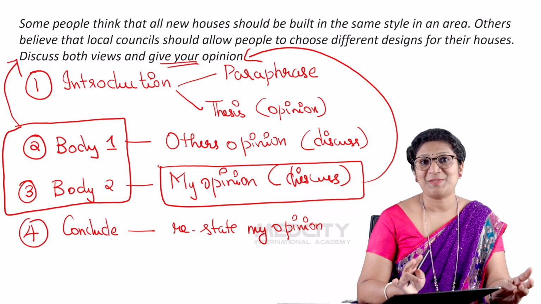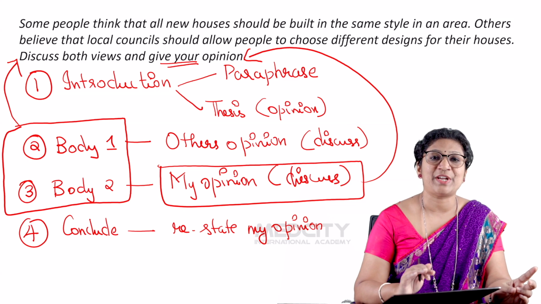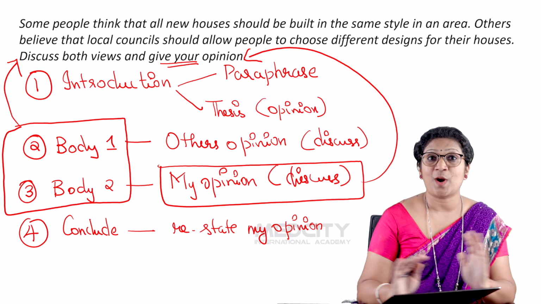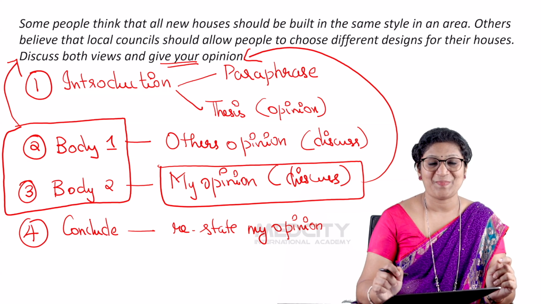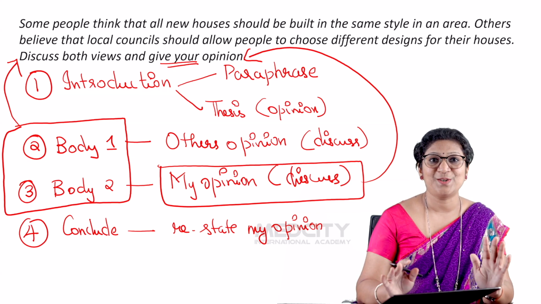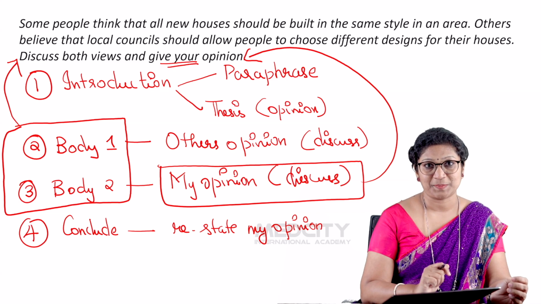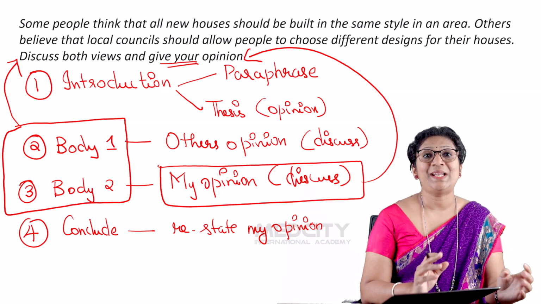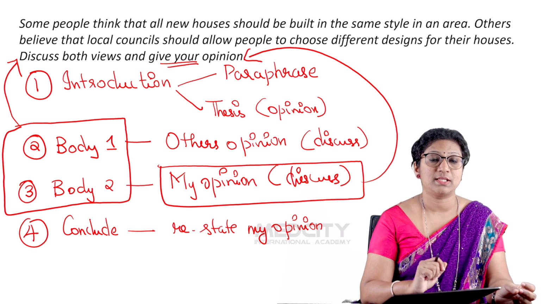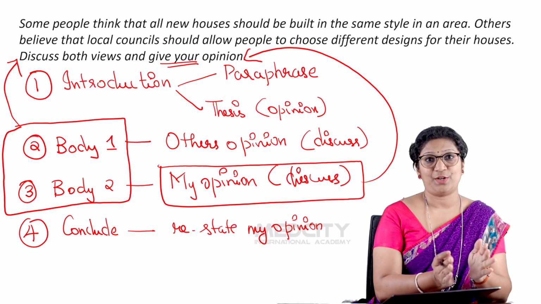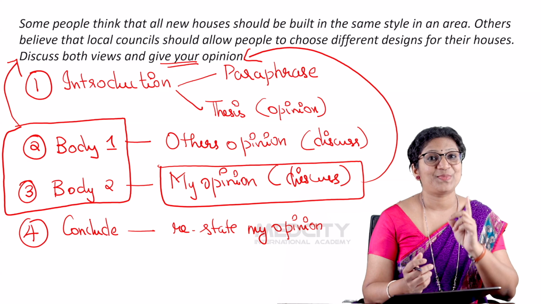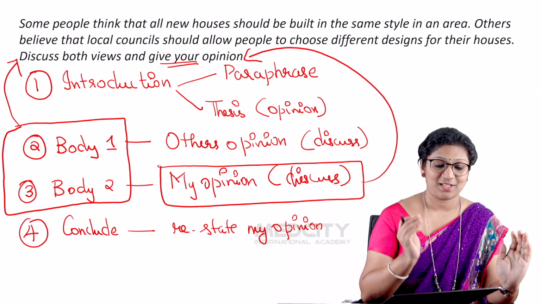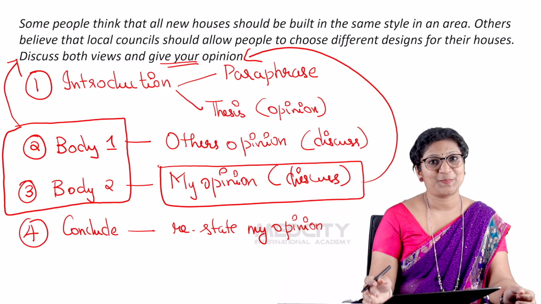Well, if you're super fast when it comes to writing, you're very good at brainstorming, and no matter what the essay topic is, you will manage to write easily, then please feel free to go ahead with a 5 paragraph structure. But if you're someone who will need some time to think about the points, who will need some time to plan your essay and then take time to come up with a good essay, then I would definitely recommend that you follow this 4 paragraph structure.